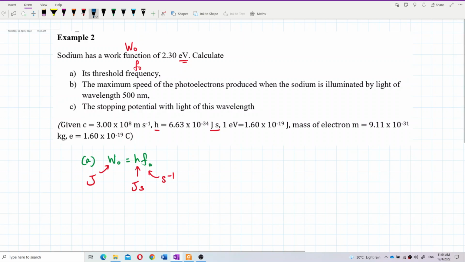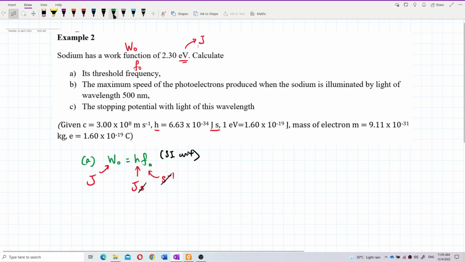As you can see, the seconds cancel off, so the unit is joule. This entire equation is in SI unit. So you cannot substitute electron volt directly into W naught. You must first convert this electron volt to joule, then only can you substitute this value into W naught.